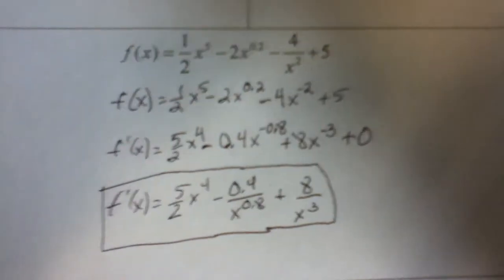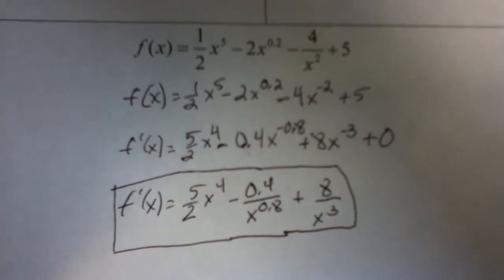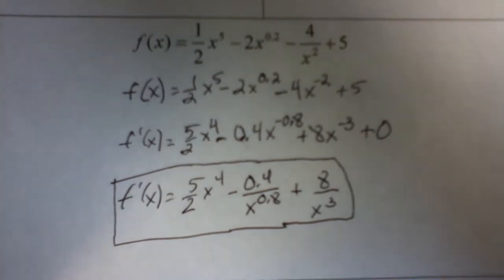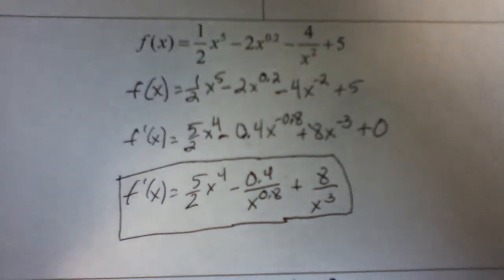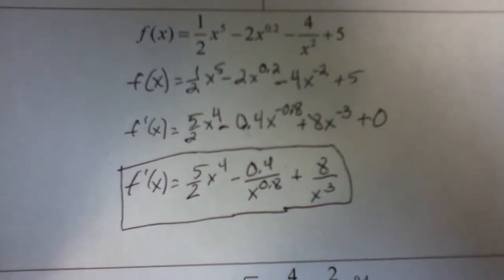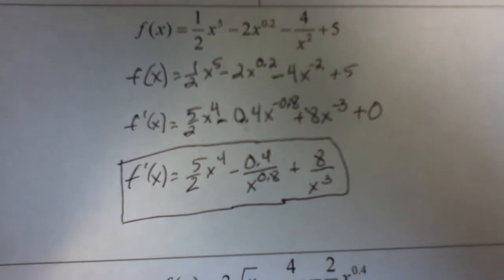So our final answer would be this. Which brings us to our last one. And for the last one, same idea as this one. We're going to rewrite it first, take the derivative, then simplify.